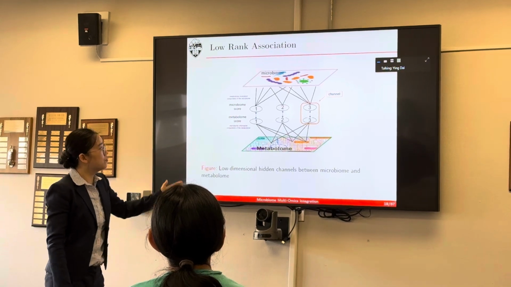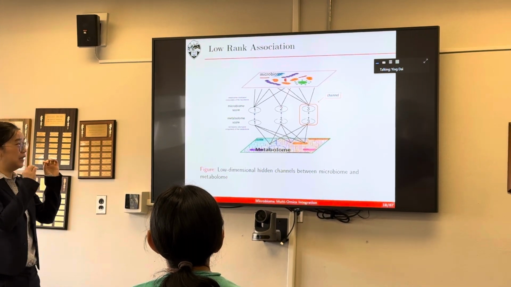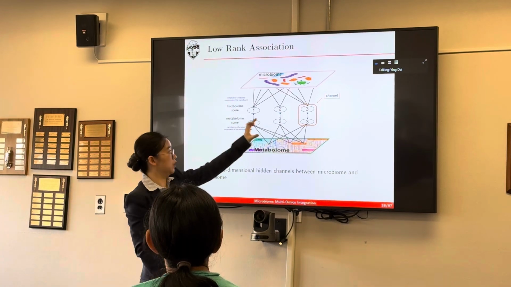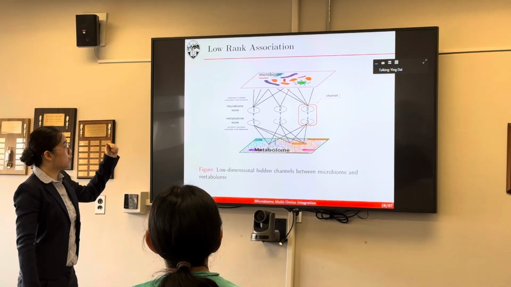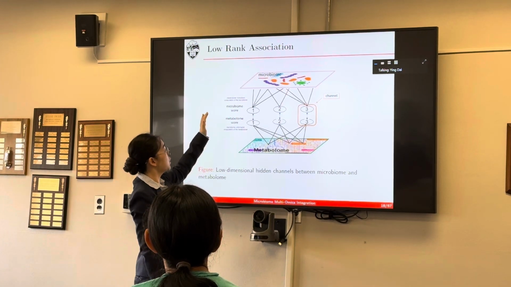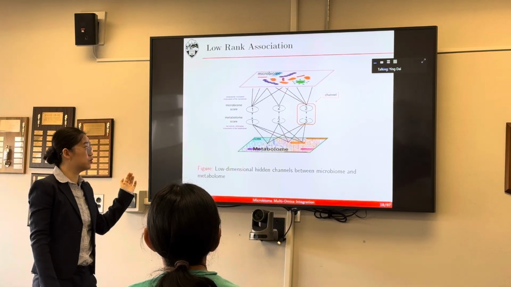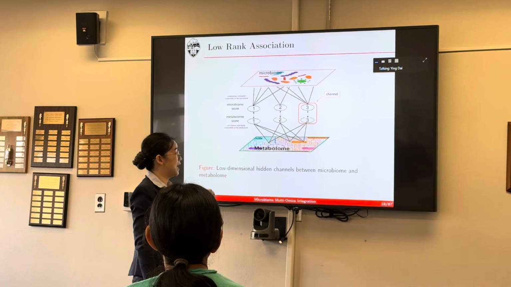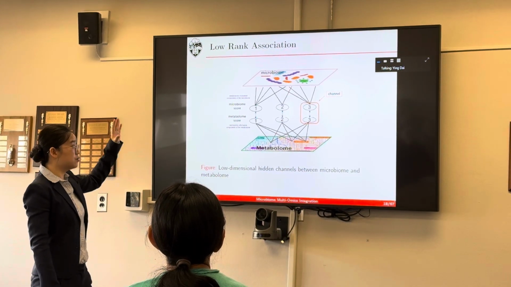Instead of drawing direct connections between each microbiome and each metabolite, we assume that there is a middle layer, and we are trying to find the linear components of microbiome, which we call the microbiome score, and the linear components of metabolism, which we call the metabolism score, and pair them together.